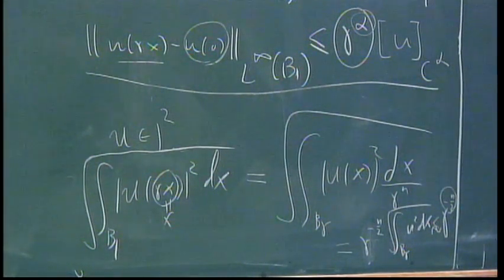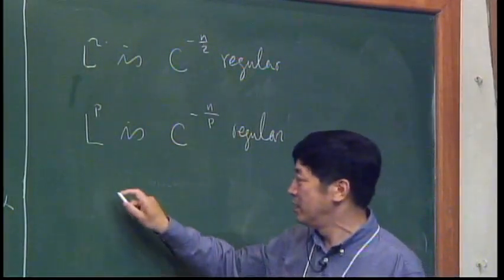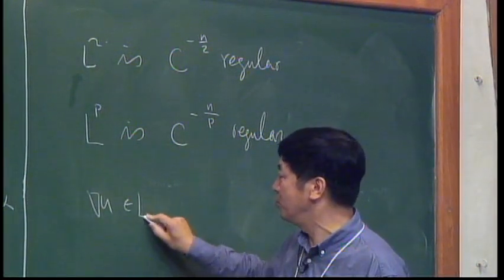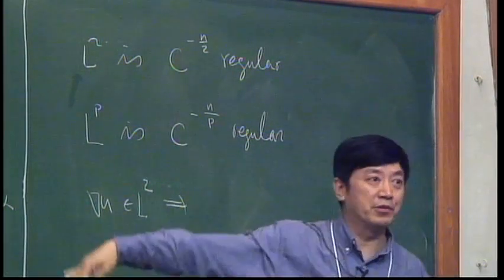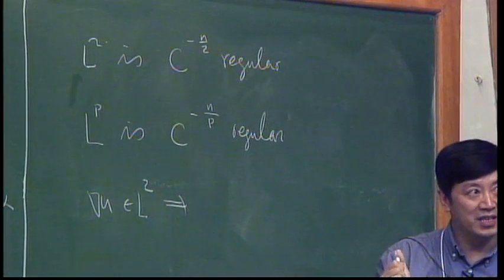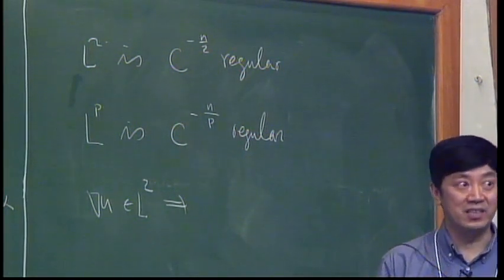And you do the same thing. LP is C minus n over p regular. I won't do the computation, but if gradient U is in L2, then you do the same computation. Exactly, very, very easy. Elementary: you pull out the coordinates, see how it behaves, how far it is from a constant.